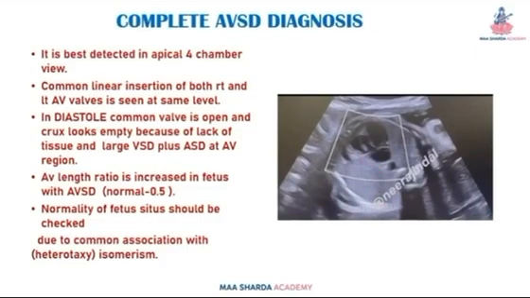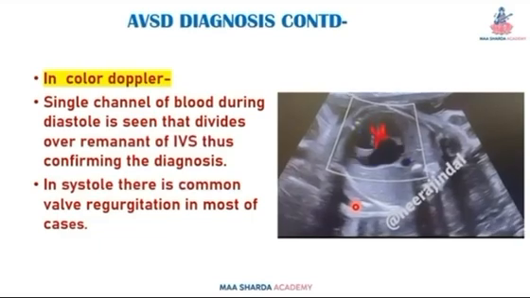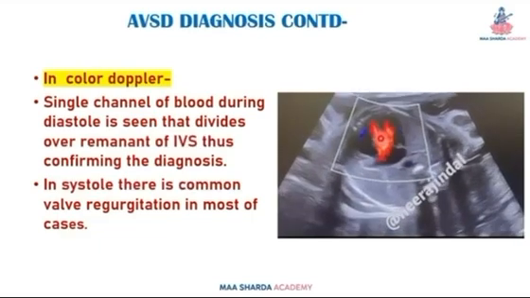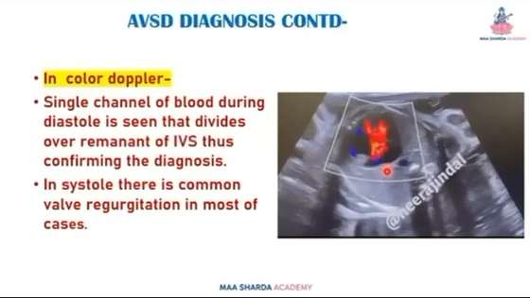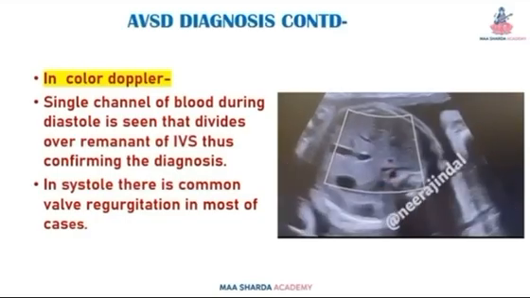Normality of fetal situs should be checked due to common association with heterotaxy. In color Doppler also, there is a single channel of blood seen dividing above the remnant of IVS, thus confirming the diagnosis. In systole, there is common valve regurgitation in most of the cases.